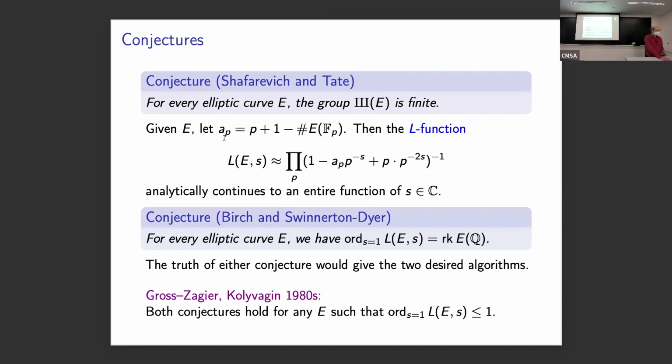If you put these numbers into a generating function, analogous to the infinite product that defines the Riemann zeta function, you get a function that a priori converges for complex numbers of real part greater than a half. Using a lot of math, it's known now that this function has an analytic continuation to the entire complex plane, so as to get an entire function of the complex number s.